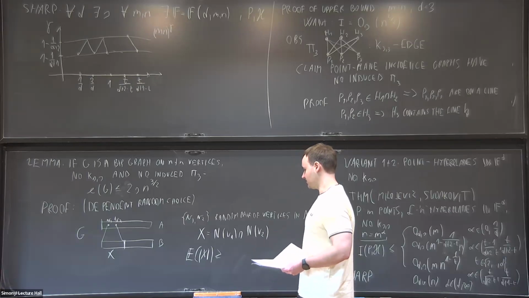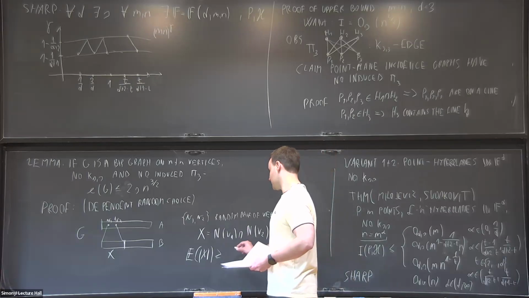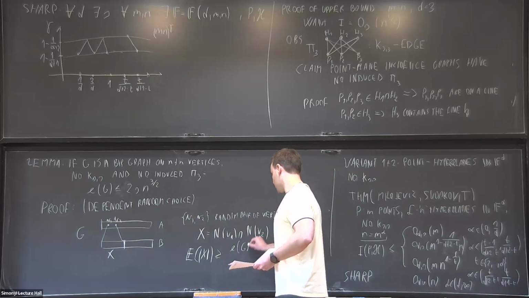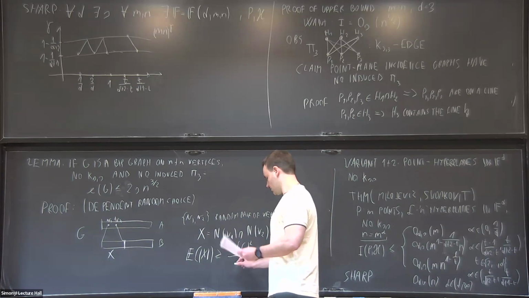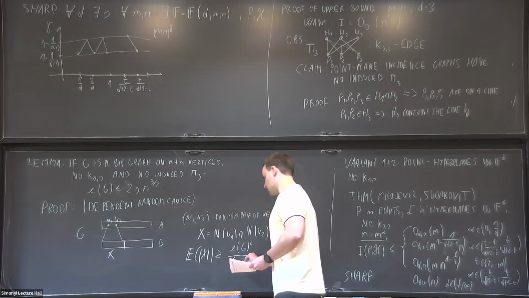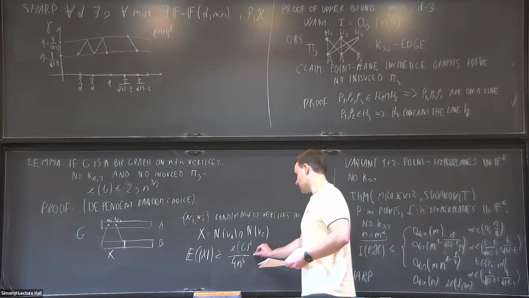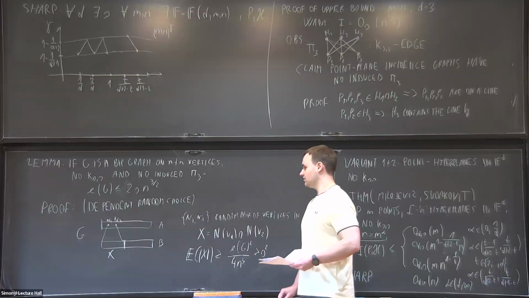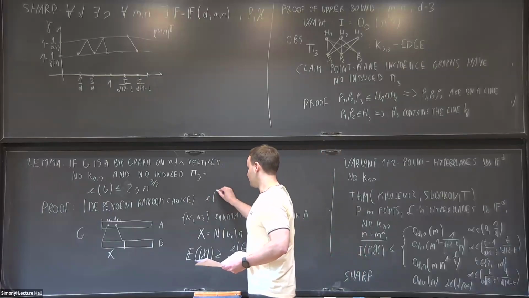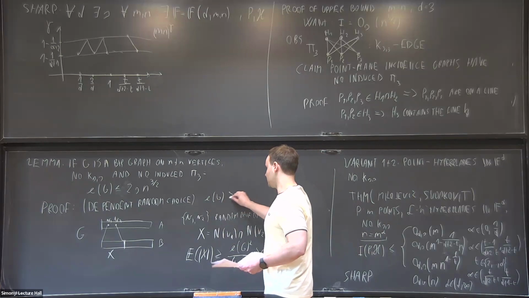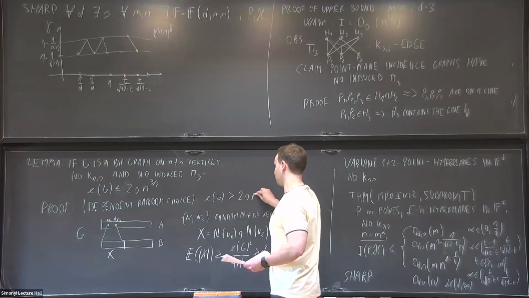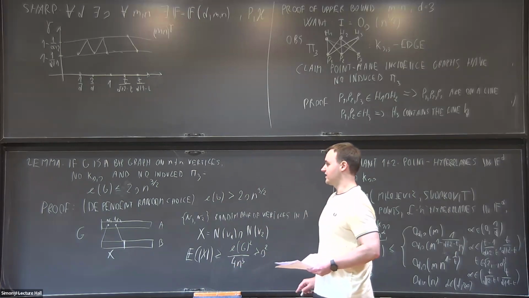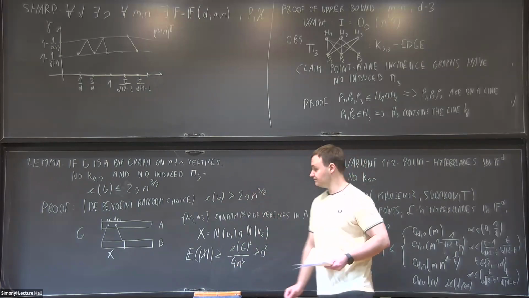You use some convexity, Jensen's inequality, and what you end up with is that this is always at least the number of edges of G squared divided by 4 times n cubed. So in our case, this will be at least S squared. Oh yeah, sorry. We will start with the assumption that the number of edges is strictly greater than 2S n to the 3/2, and then we show that we can find either KSS or pi3.